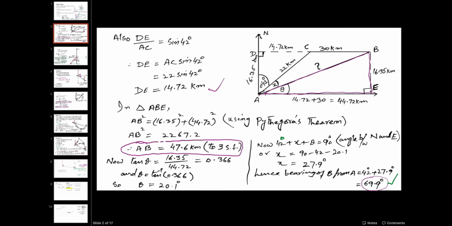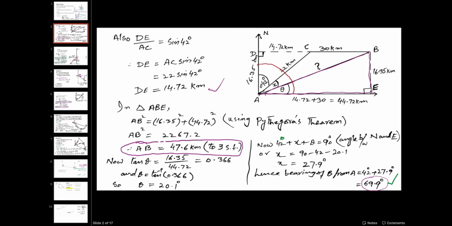Now 42 degrees plus x plus theta, that is equal to 90 degrees. Why? Because the angle between north and east is 90 degrees. Now substitute the value of theta.